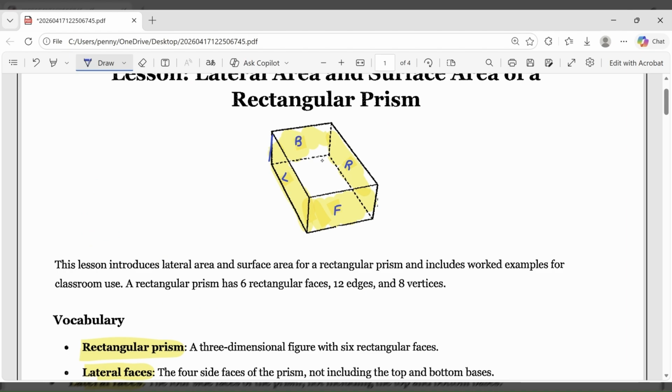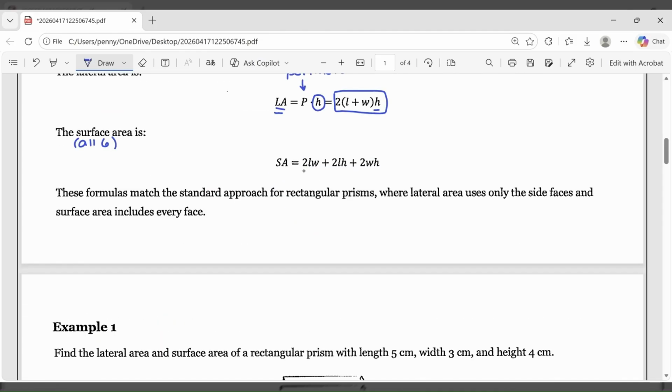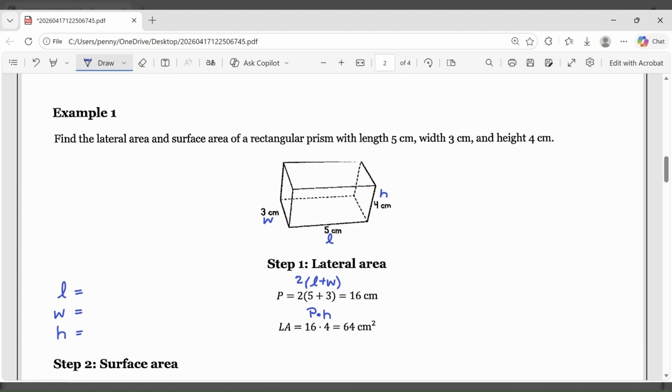And the top will have the same length and width, or the same measurements, as the bottom. So they sum that up by saying that it's 2LW, 2 of your sides, plus 2LH plus 2WH. We've done these in geometry, and now we're going to do this as a review.